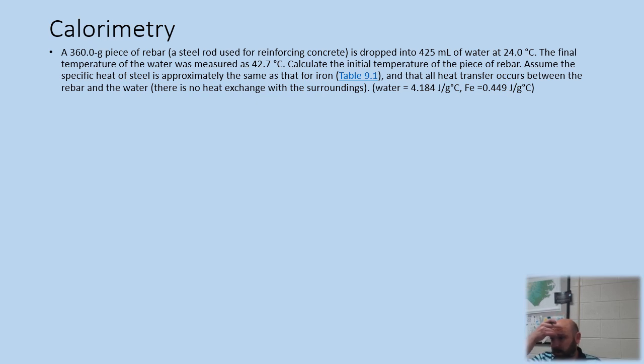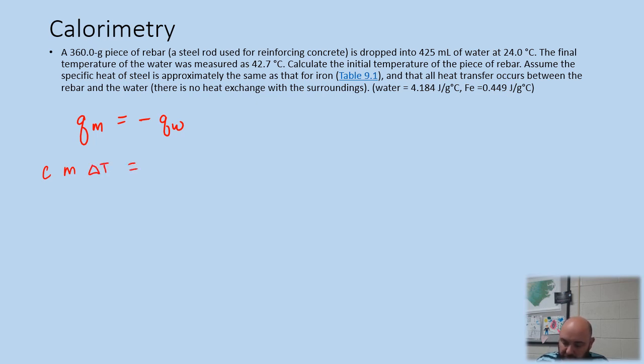The last sentence there, all heat transfer occurs between the rebar and the water, reminds us that the amount of energy lost or absorbed by the metal is equal to the negative amount of energy lost or absorbed by the water. So in this case, Q of the metal equals negative Q of the water. The metal, Q is C times M times delta T, and that would be all for the metal values.